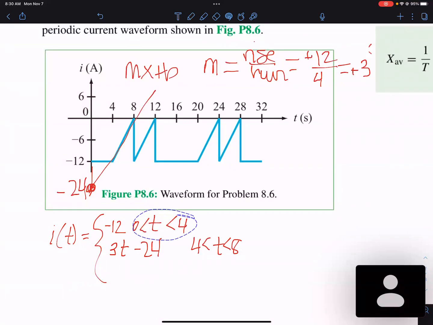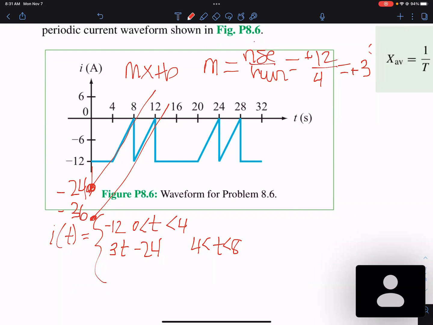And then this one is going to be, again, the same slope, but the intercept is going to be 4 more, so it's going to be minus 36.